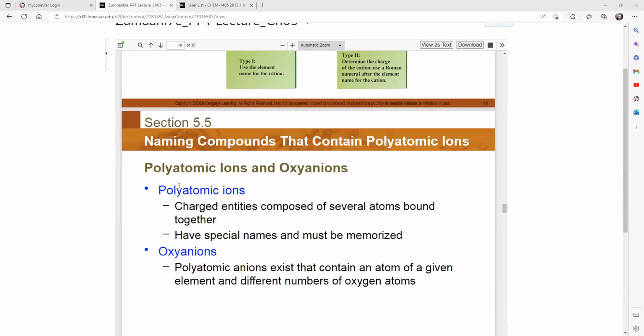If we have polyatomic ions, those that are made of more than one type of element, they have special names that you must memorize. The oxygen ions are polyatomic anions that contain an atom of a given element and a different number of oxygen atoms.